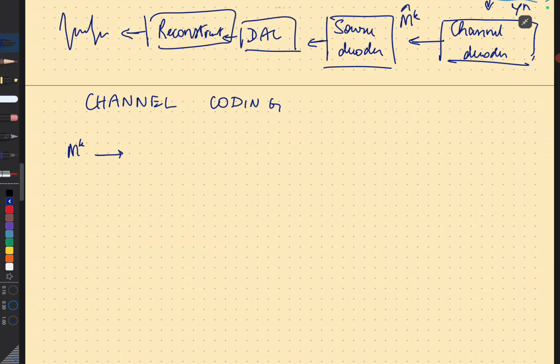So what is the channel coding problem? The channel coding problem is the following. We have this bit sequence M^k, a sequence of k bits.